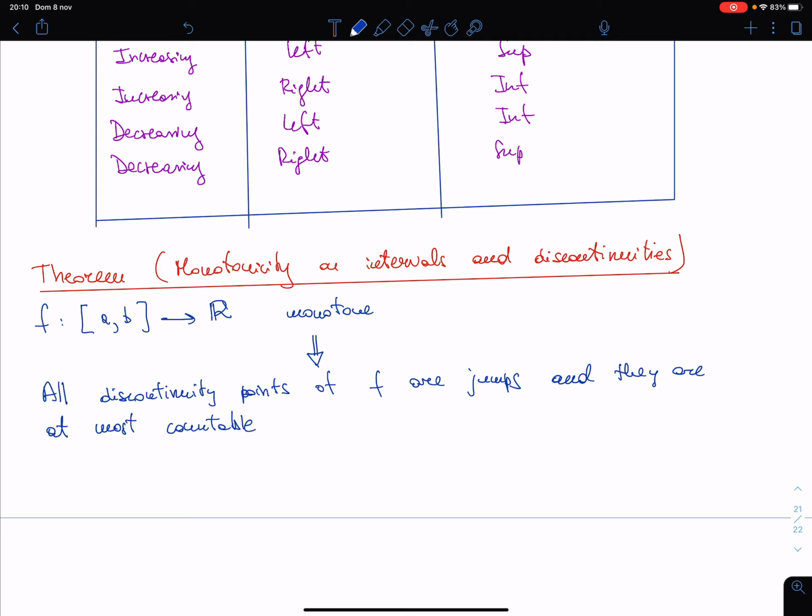So they cannot be an uncountable set. The set must be at most countable, either finite or empty or countable.